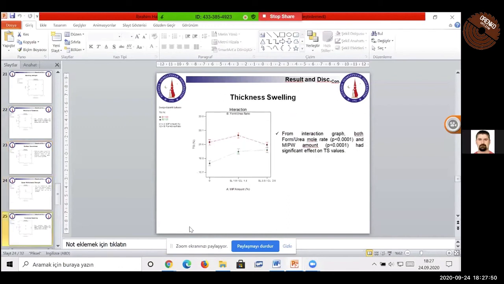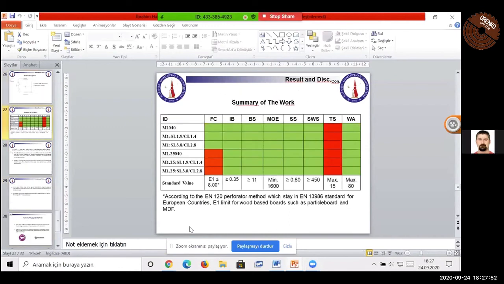I can pass from the summary of the work. You can see from this table for the formaldehyde content, just 1 mol ratio of the resin groups provided the standard requirements for the E1 limits, E1 class formaldehyde emission class.